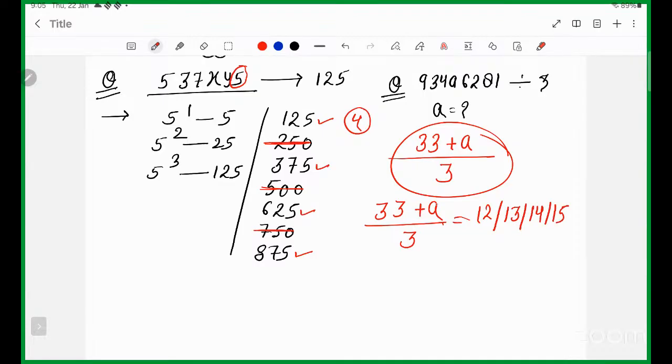Now, if I put the value of a as 3, then also it will be divisible. Or if I put the value of 6, then also it will be divisible. And if I put the value of 9, then also it will be divisible. So total I will get three values by which it will be divisible. So a will be equal to 3, 6, and 9.